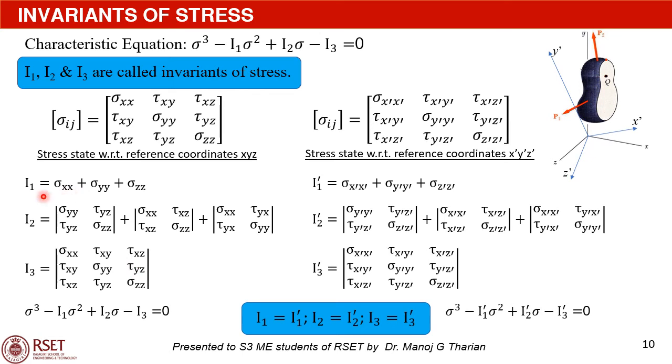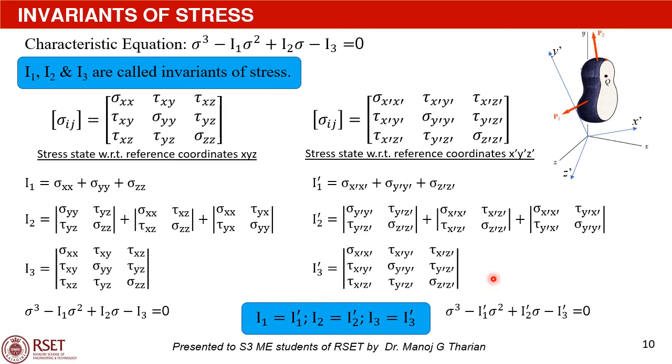Using the stress invariants I1, I2, I3, we will get this characteristic equation, that is sigma cube minus I1 sigma square plus I2 sigma minus I3. As I have already told you, solving this characteristic equation will give you the principal stress at point Q for the given loading for a given structure.